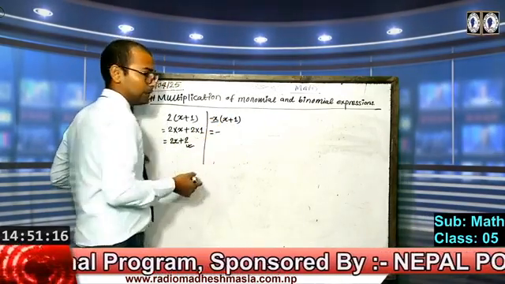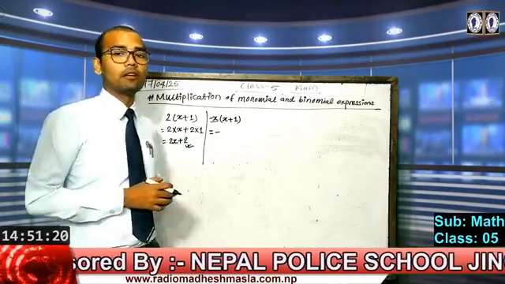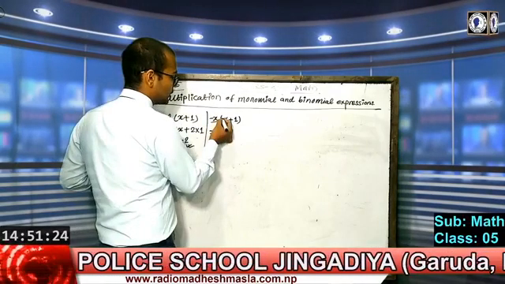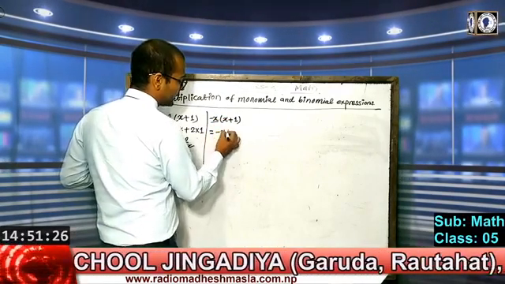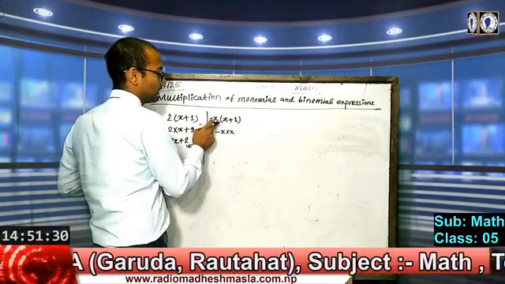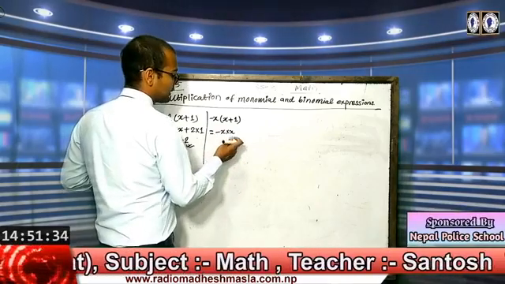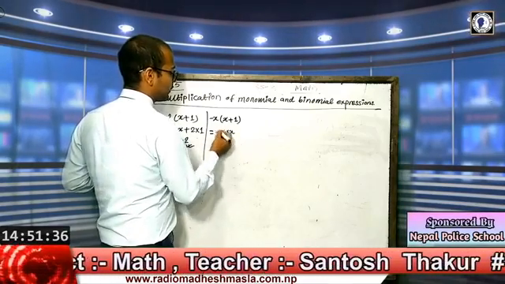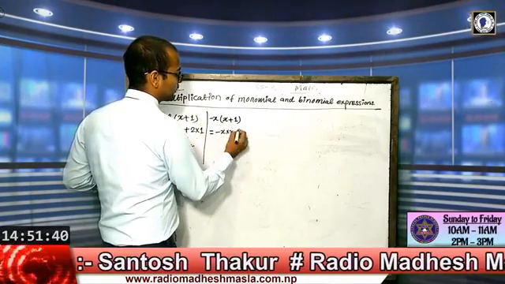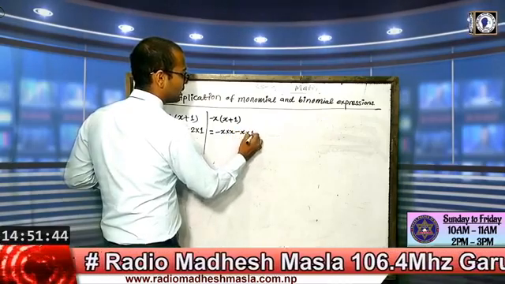If the bases are the same, then we should add their powers. So we can write like this: minus into plus is minus, and x into x. Then again minus into plus, again we will get minus, and then x into 1.